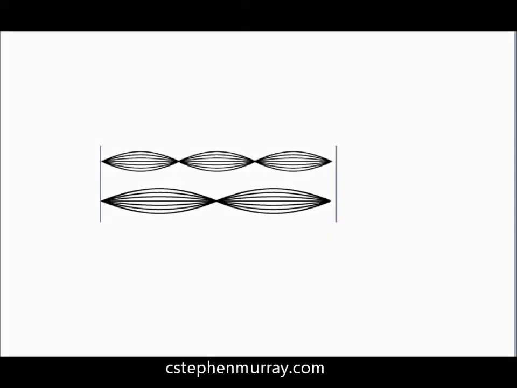Alright, so what happened when we were changing the harmonic there? Well, let's discuss. Here was our first harmonic, and we were at a frequency of F. We were still at a frequency of F here. Let's call this entire length of the string L, on both, of course, because we didn't change that. Well, what's our wavelength?